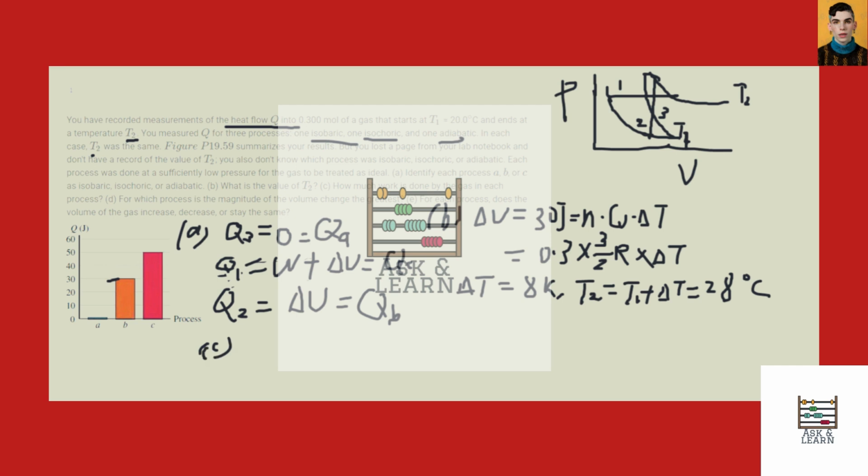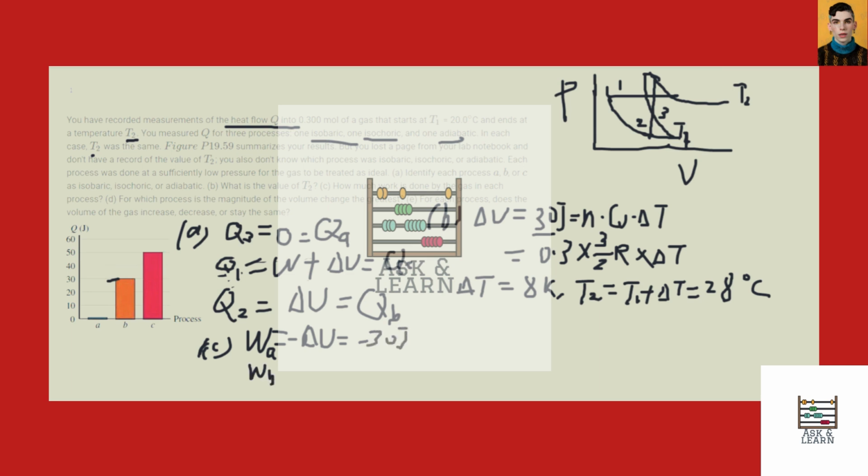For part C, we want to find the work. For QA, the adiabatic process, because Q is 0, the work is simply equal to negative delta U. Because for this problem T1 and T2 are the same for all three processes, delta U is the same for all three processes. Delta U we found here is 30 joules. So for process A, the work is negative delta U, which is negative 30 joules.